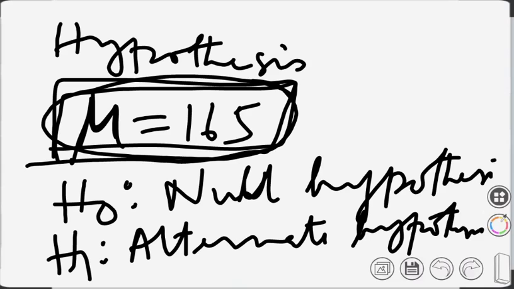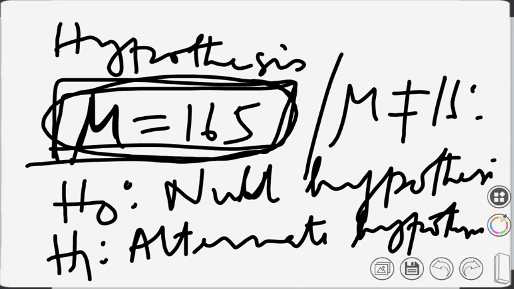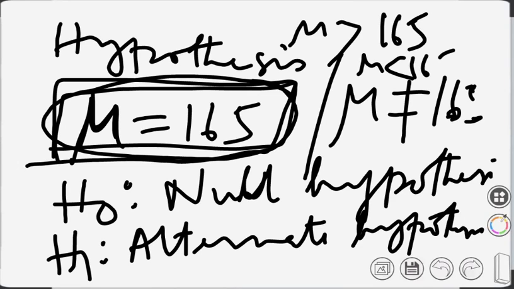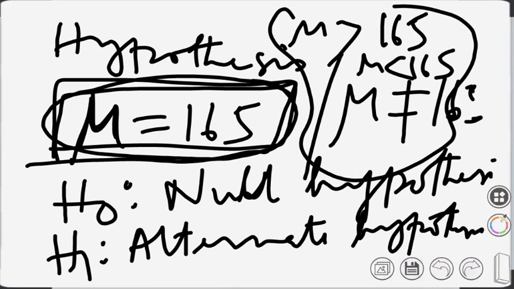It could be mu not equal to 165, or mu greater than 165, or mu less than 165. These three are different alternate hypotheses. So the alternate hypothesis is a hypothesis which is different from the null hypothesis.